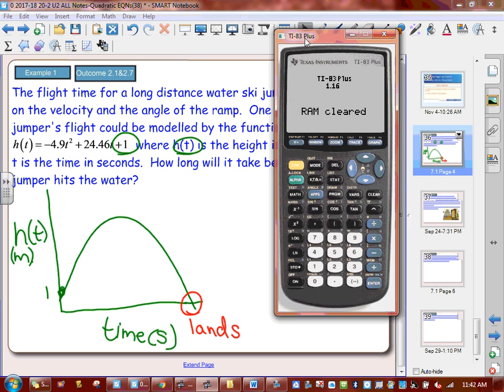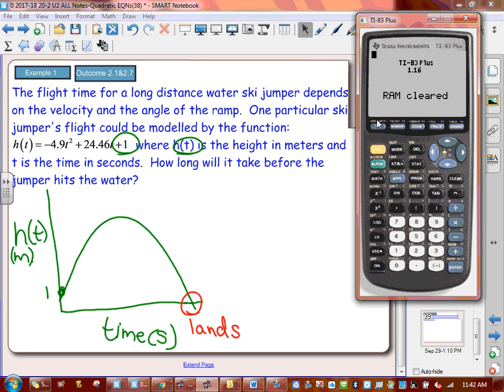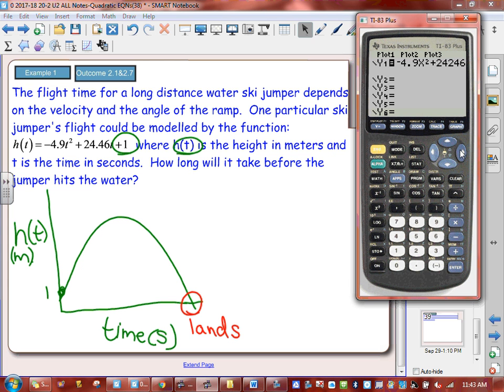Okay, so in your y equals, everyone's going to go to y equals, and we're going to put that negative 4.9x squared plus 24.46x plus what?